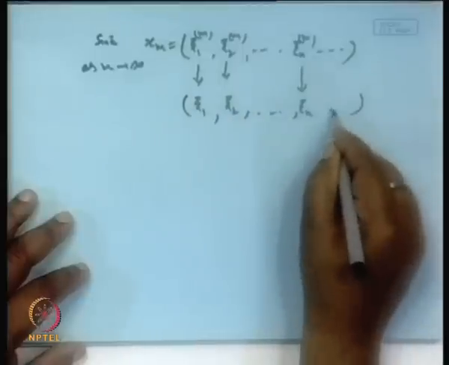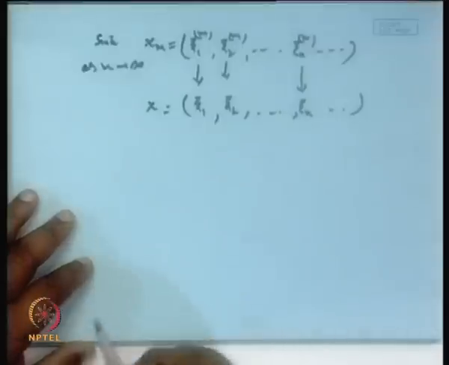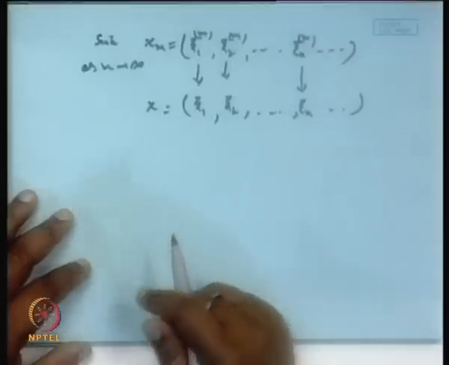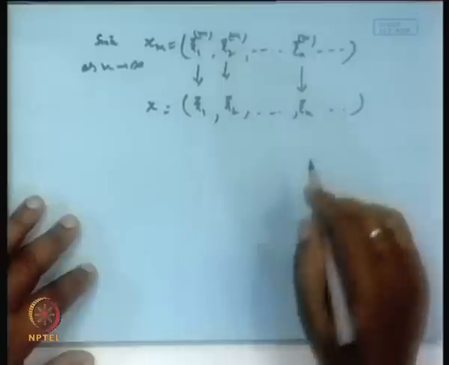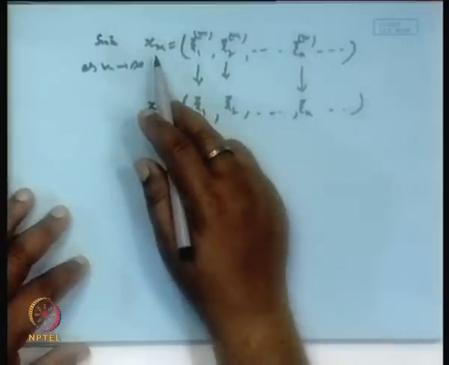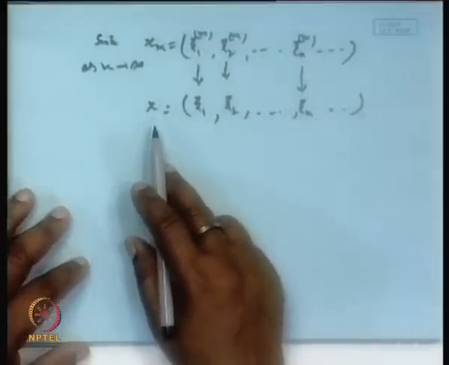So, correspondingly we get a point x. Clear? Once we get the point x, then this will be the limit point of the sequence x m, which tends to x when m tends to infinity.